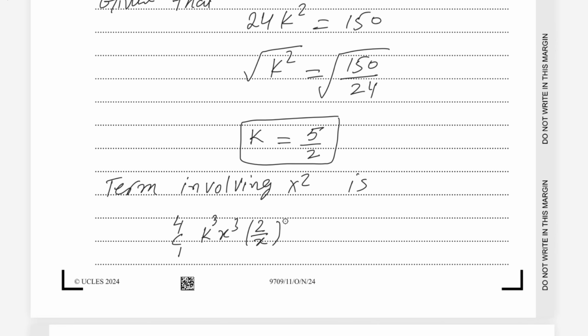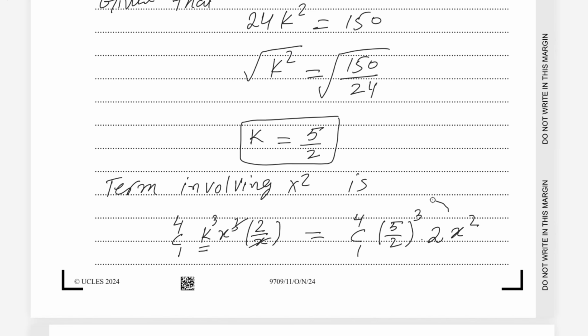So this is the term involving x squared. If you simplify this and also substitute the value of k, we'll get 4C1, and here we can replace the value of k, that is 5 over 2. We already got it. It is cubed, so we'll put here cubed and multiply by this 2. This 2 comes here, and it is left with only x squared.